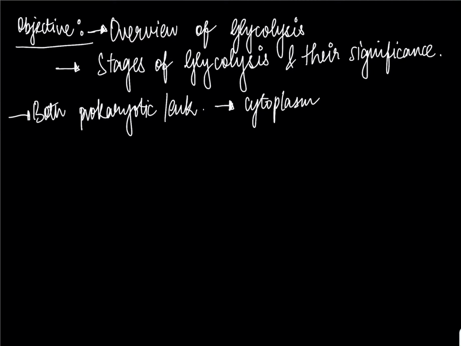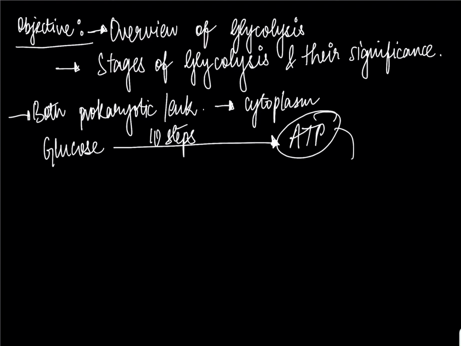So basically, glycolysis is the breakdown of glucose by a series of 10 steps, which basically gives you ATP, which is the currency of energy in the cell.